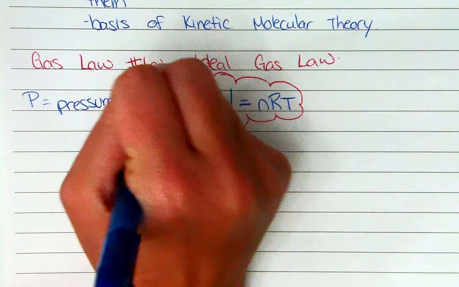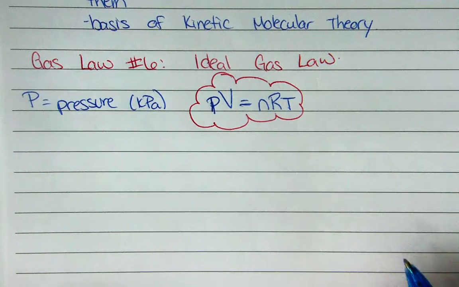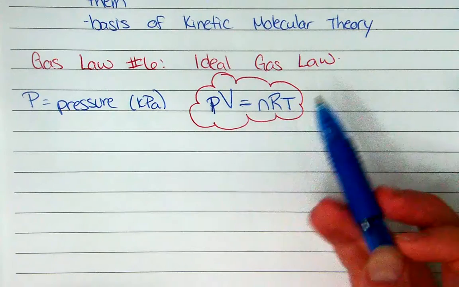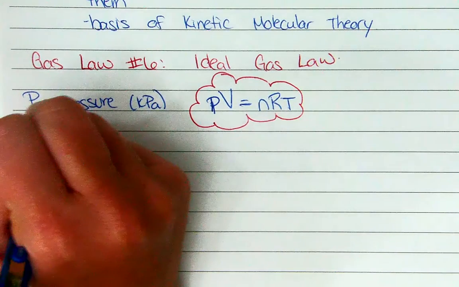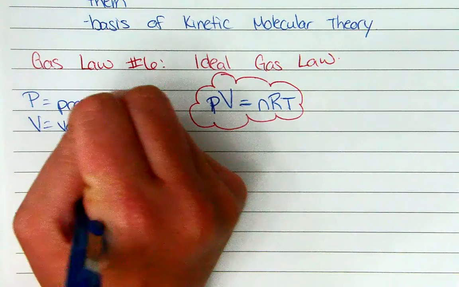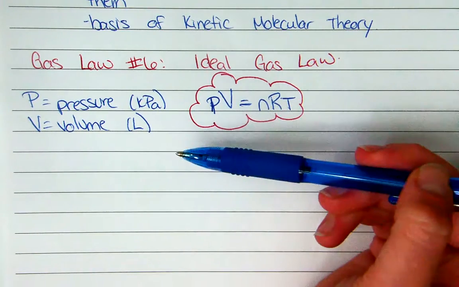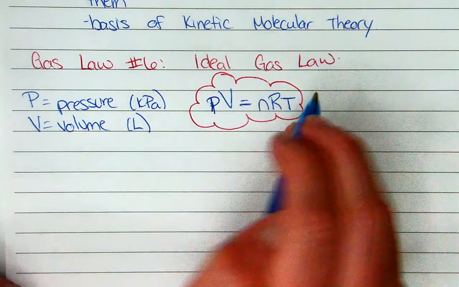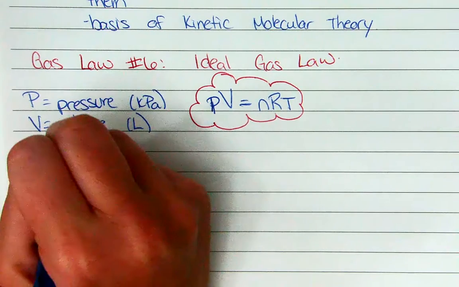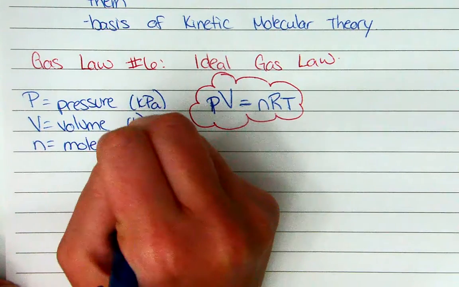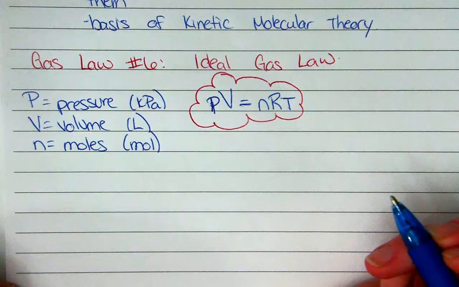Now that we've used different units before, we're going to use kilopascals when we use the ideal gas law. V is volume. That's measured in liters, not milliliters, and I'll explain why we have to use these specific units in a moment. N is the moles of gas in, you guessed it, moles.